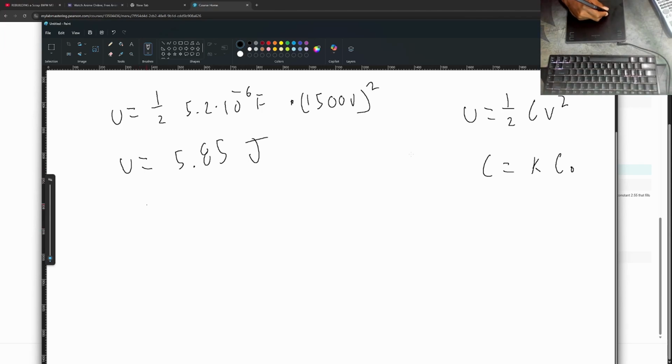And so that would just be capacitance equal to 35 times 5.2 times 10 to the power of negative 6 farads.